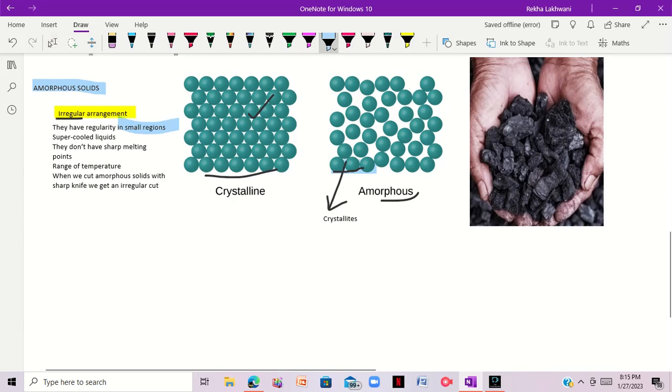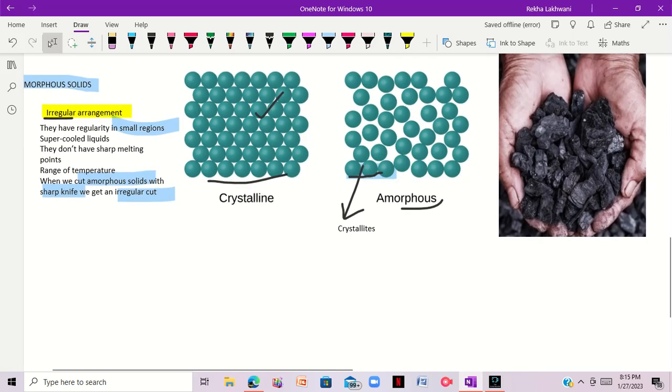For example, if we cut this, here is a knife and I'm cutting this.